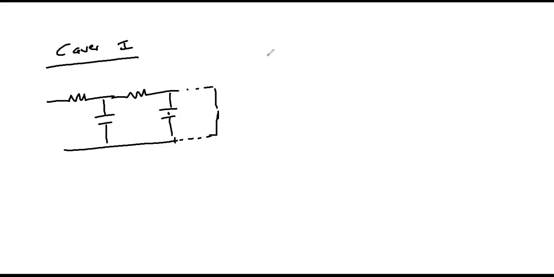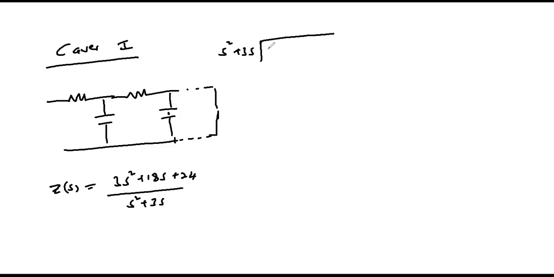If we take our transfer function and implement it using Cauer, Z of S is 3S squared plus 18S plus 24 divided by S squared plus 3S. We write this in continued fraction expansion by dividing S squared plus 3S into 3S squared plus 18S plus 24.